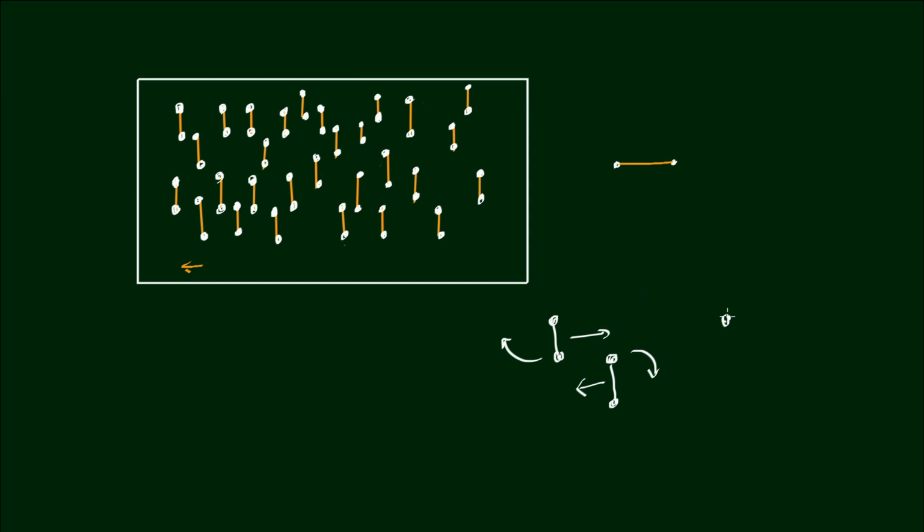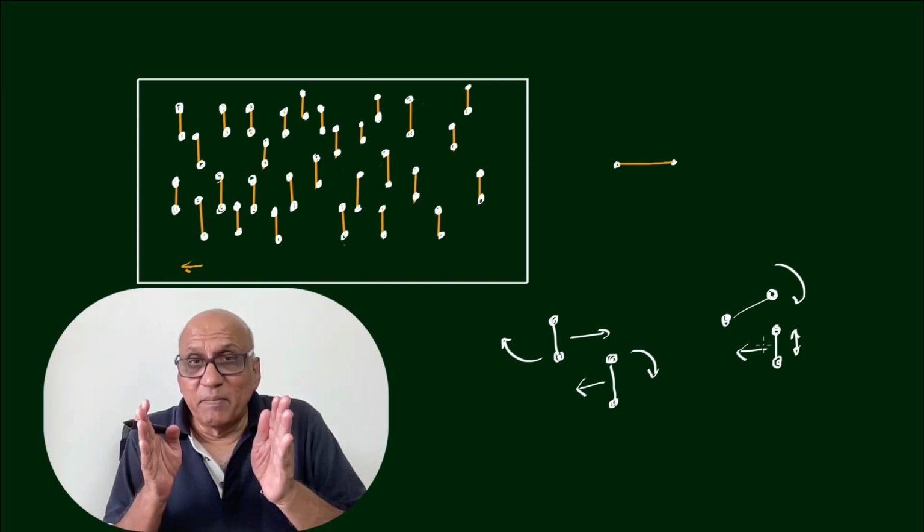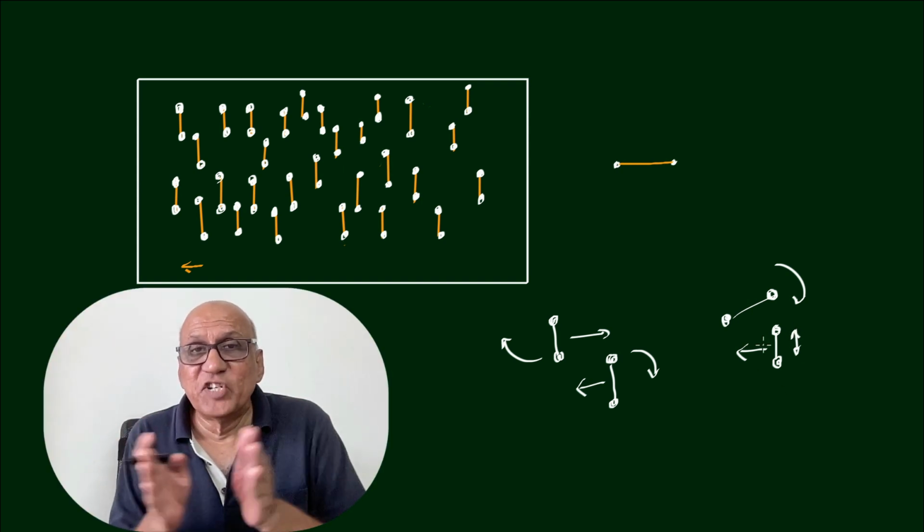Now, let's say one of these molecules, which is spinning like this, comes and hits another molecule which is still going in that direction. What happens when this comes and hits this? Then this molecule will start vibrating. What does that mean? That means the bond length starts changing.